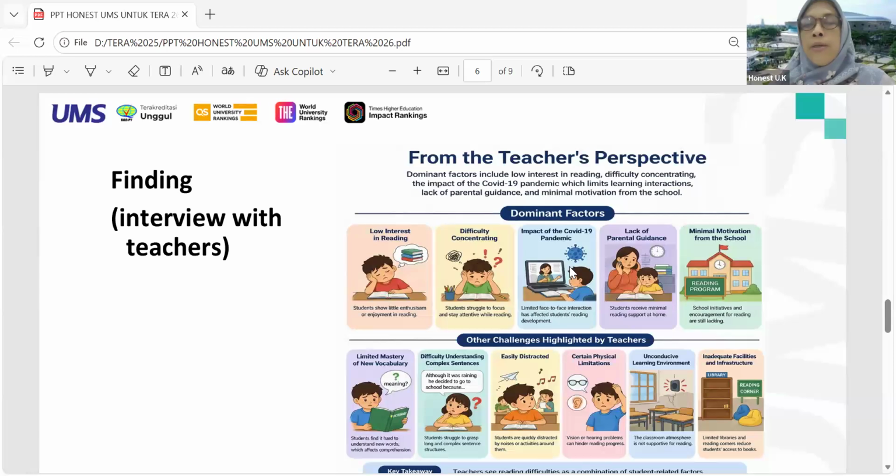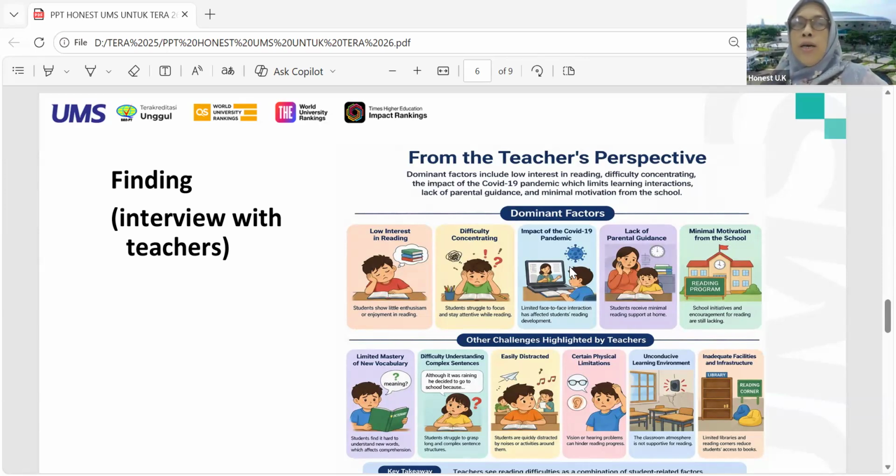Next, the teachers' perspective. From the teachers' perspective, we categorize the factors into major and minor factors. The major factors are, first, students have low reading interest. Second, students struggle to focus and stay attentive while reading.